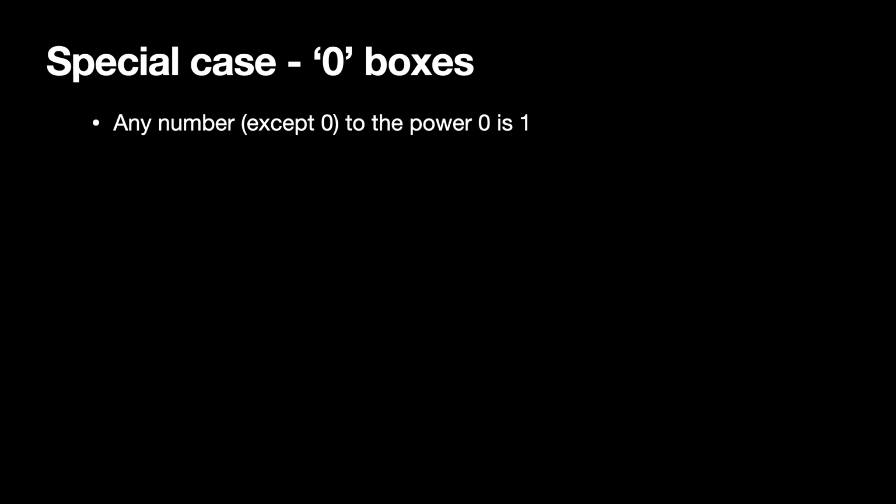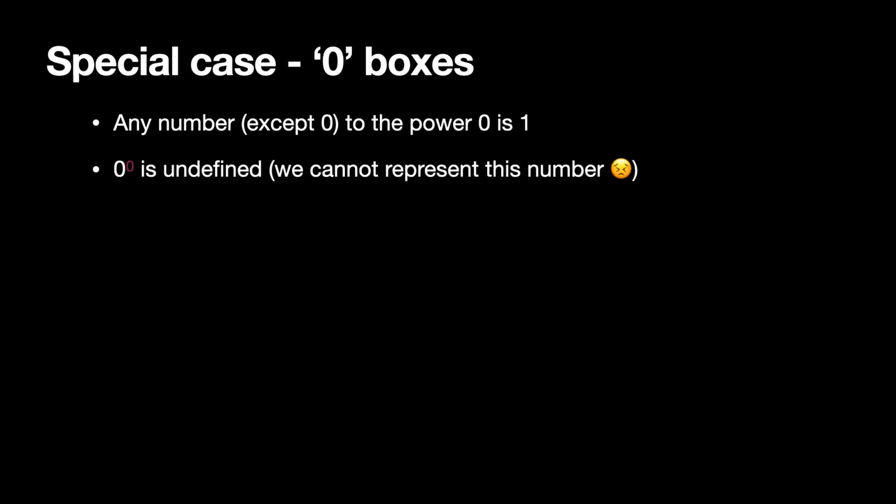Any number, so 10 to the power 0 is 1. The only special case, the only exception is 0 to the power 0 is undefined. We cannot represent this number. And for this lesson, we will not talk about 0 to the power 0 because we don't need it.